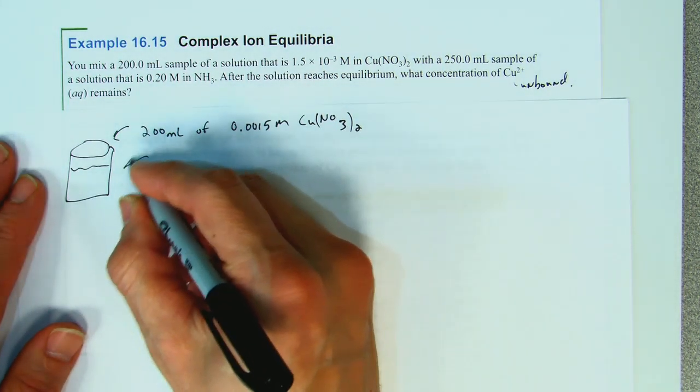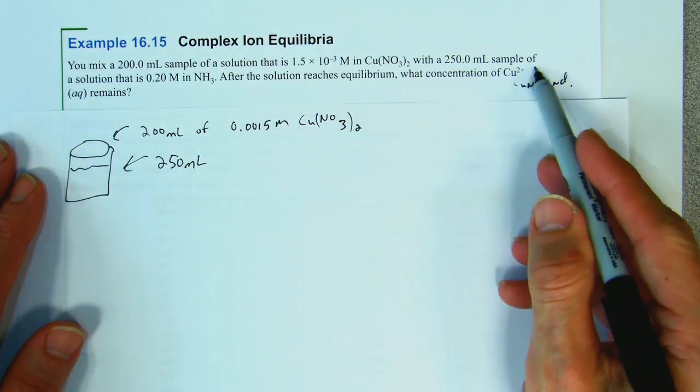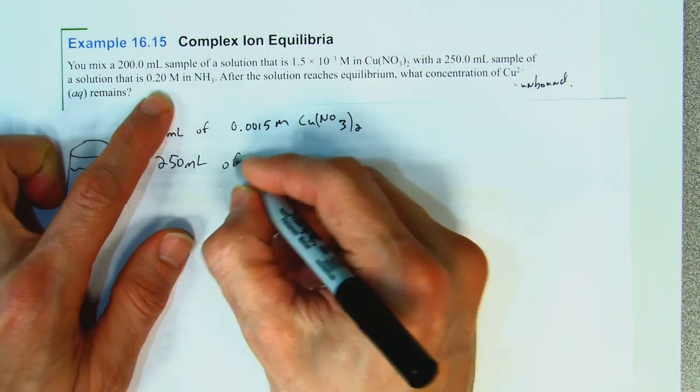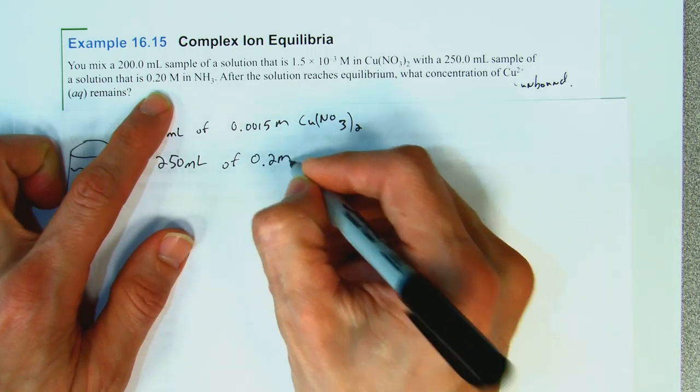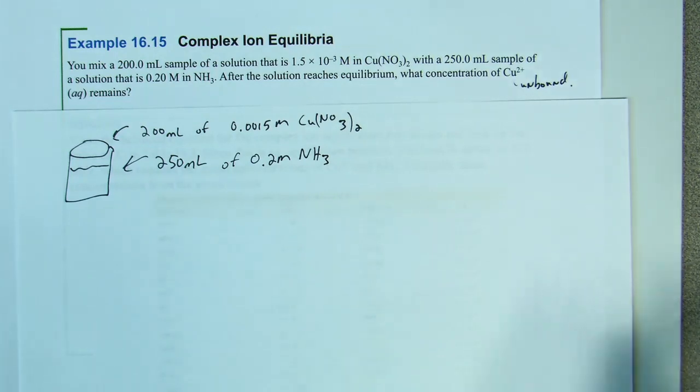And also into that beaker is 250 milliliters of 0.2 molar ammonia. We're going to mix them well, allow the things to reach equilibrium, figure out what happens, right? You with me on that?